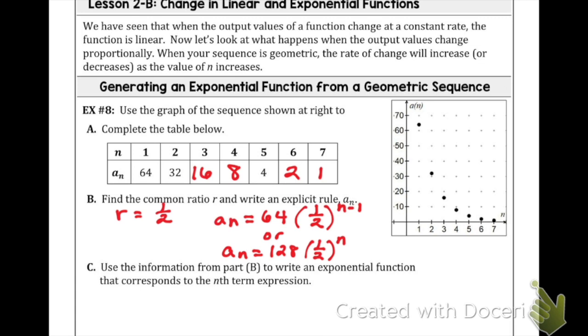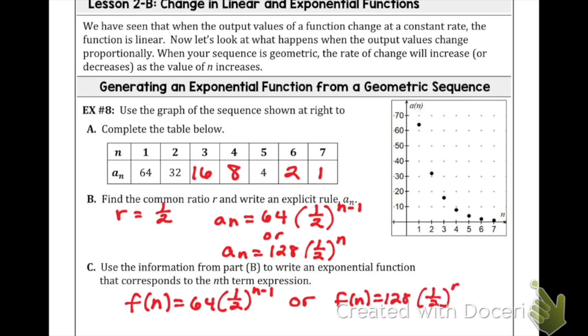Both are acceptable answers. I'm just putting them there for you so you have both. Use the information from part B to write an exponential function that corresponds to the nth term. So we're just going to turn this into function notation. So f of n is equal to 64 times (1/2)^(n-1), or f of n is equal to 128 times (1/2)^n.